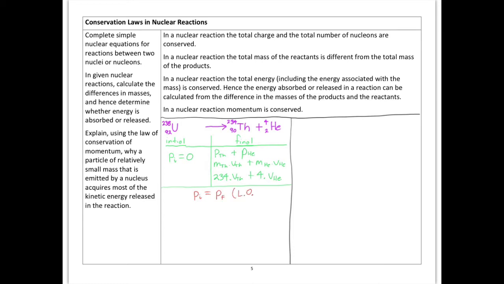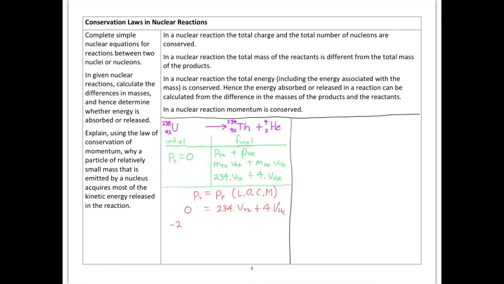Sometimes we write LOCM, law of conservation of momentum, which is where that comes from. So that means that 0, the total initial momentum, is equal to 234 times the velocity of thorium plus 4 times the velocity of helium.